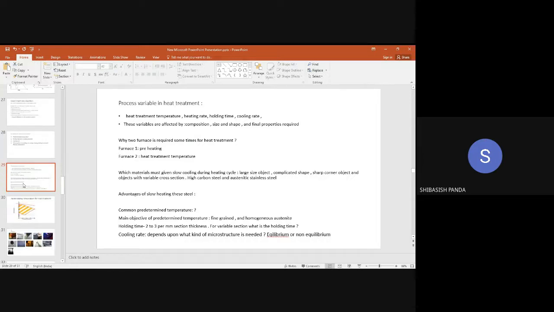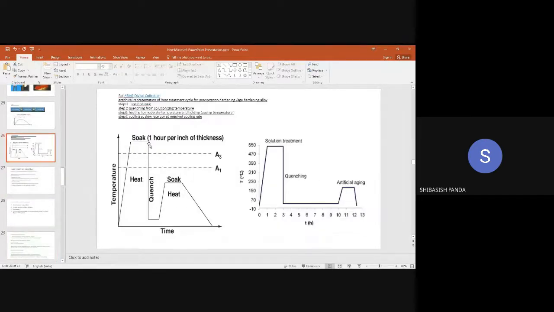Just remember this image. You recall this one. Solutionizing. I told you when I was talking about the solutionizing process. Because niobium carbides and more time. Diffusion of these particles is not very easy.